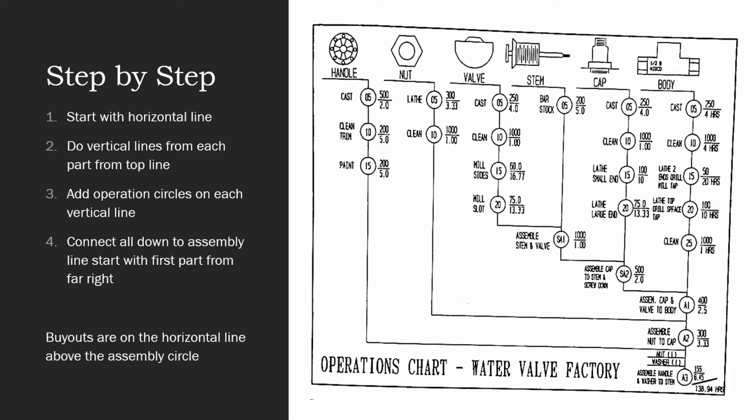At last, we connect all down to the assembly line. Start with the first part from the far right. So all the vertical lines are going to march into the assembly line one by one. Buyouts are on a horizontal line, here above the assembly cycles.